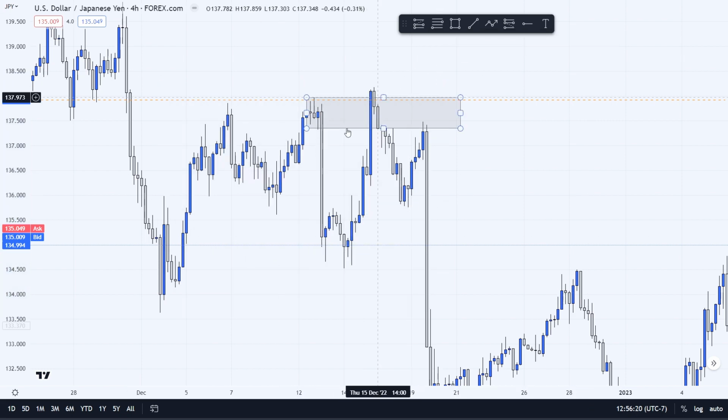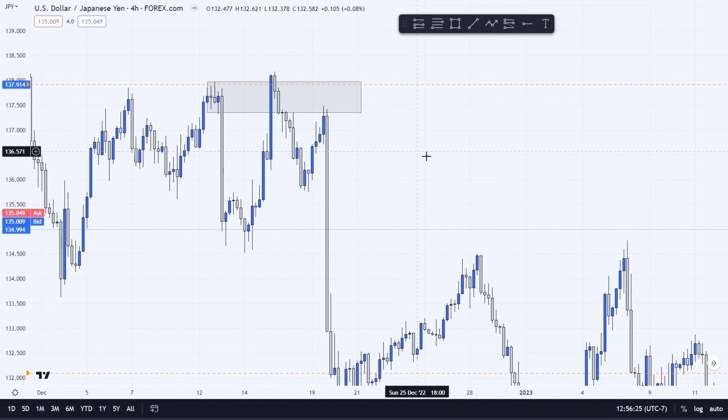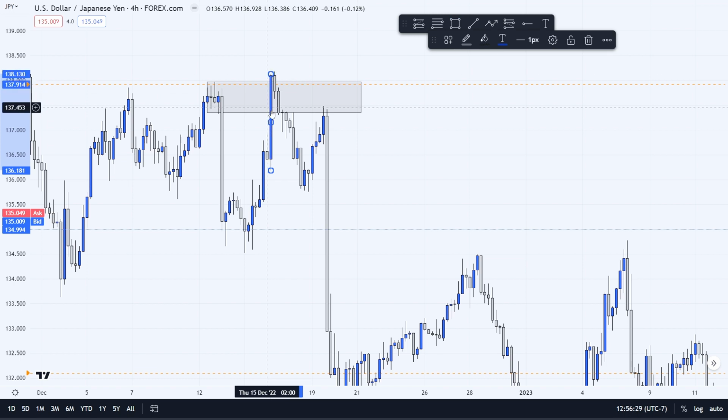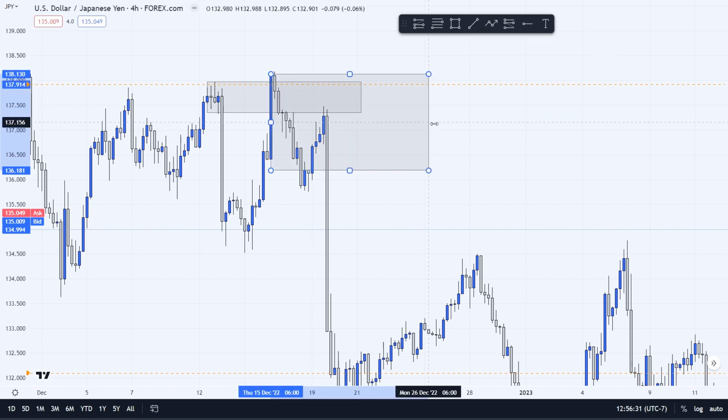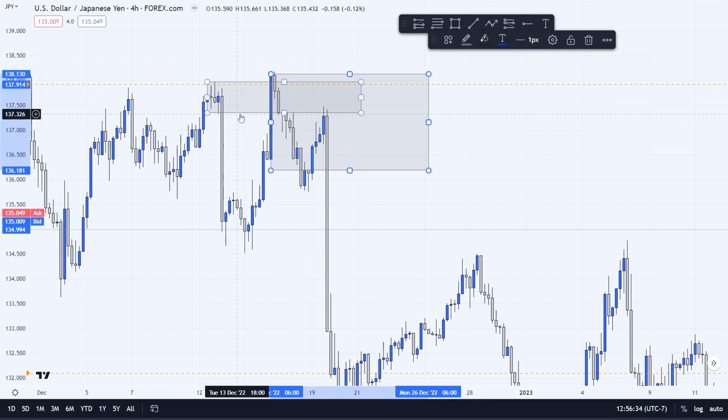So everything in between is valid. So obviously I don't want my zone very huge, so I don't want to use this last buy to sell candle. It's way too huge. Look at this compared to this one that I actually use. It's like 1/3 of the size.